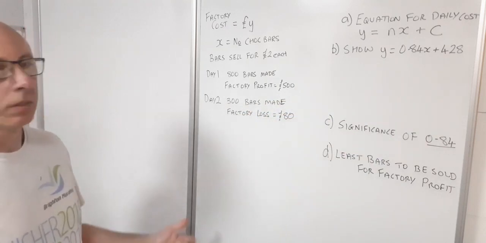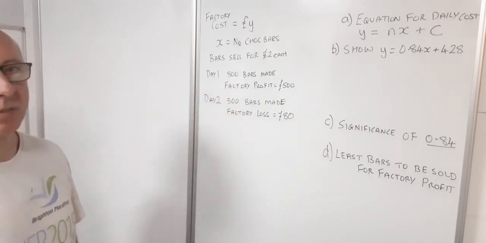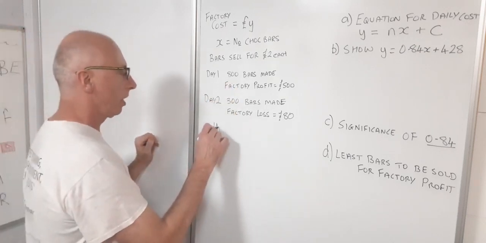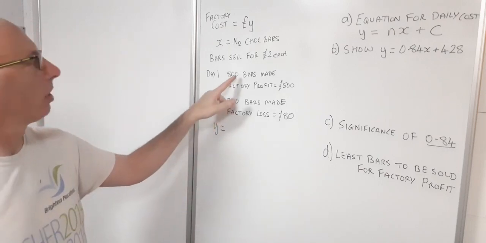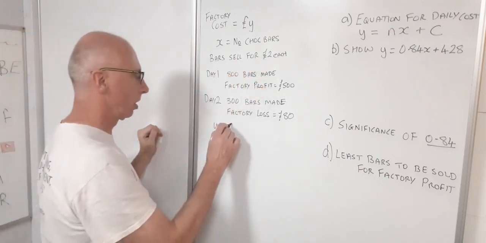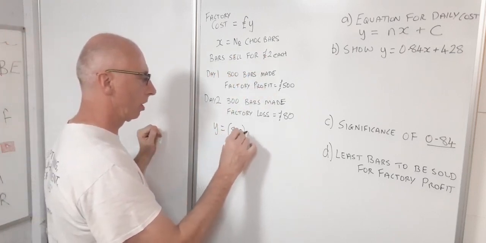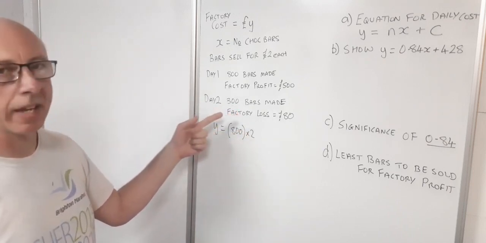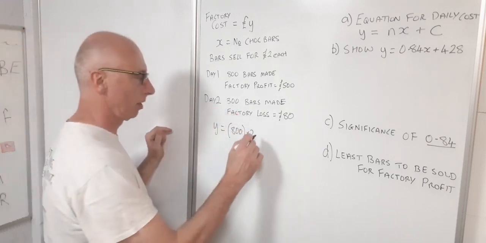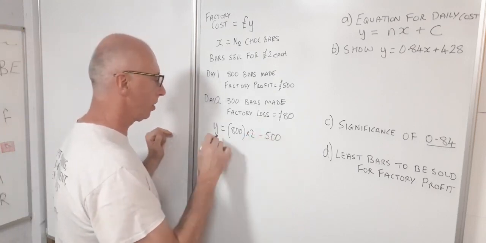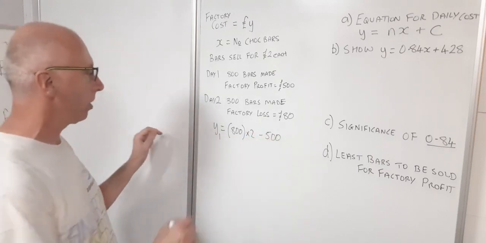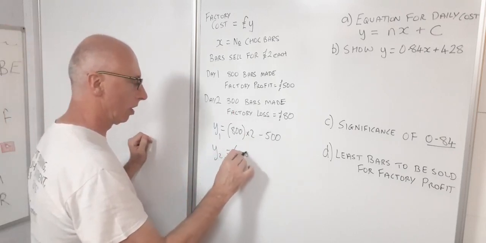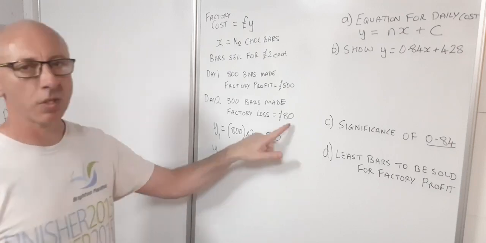Right. Now, 800 bars made a profit of £500. So therefore we've got Y equals 800 times 2, and a profit of £500. So that cost ends up being a minus, so minus £500. That's Y1 on day one. On day two, we got 300 bars, £2 each, and the loss was £80.